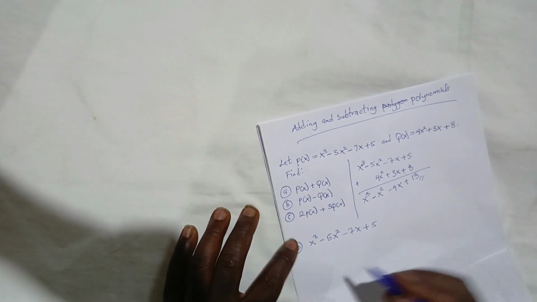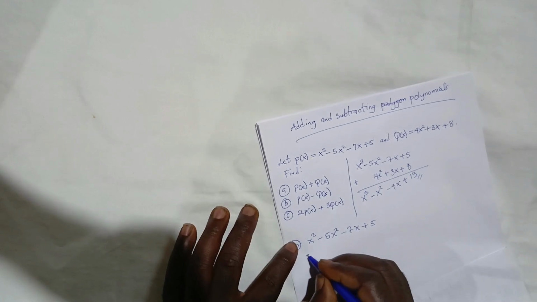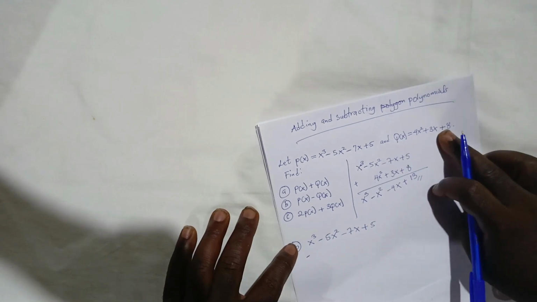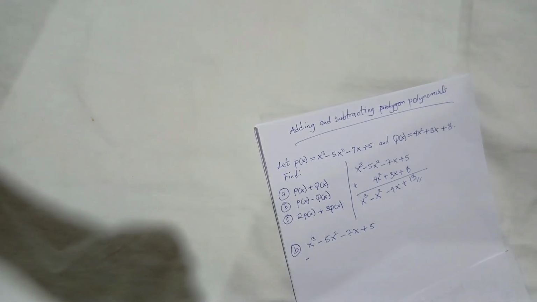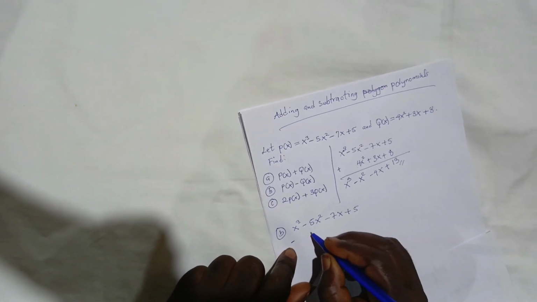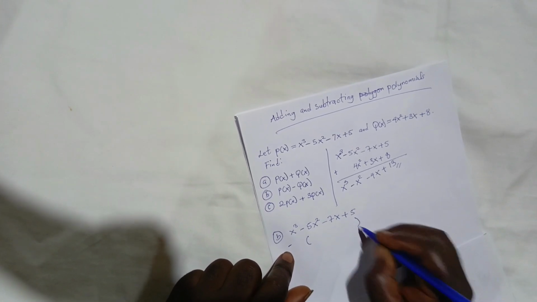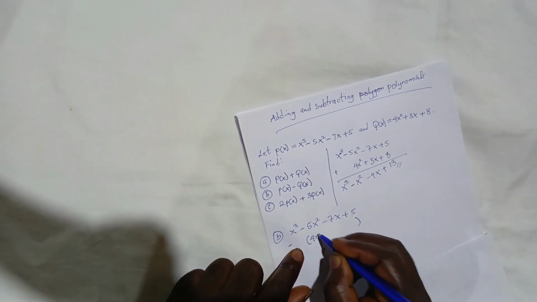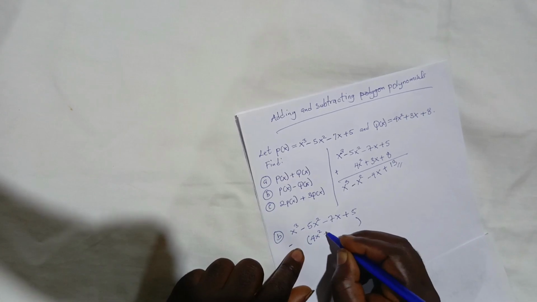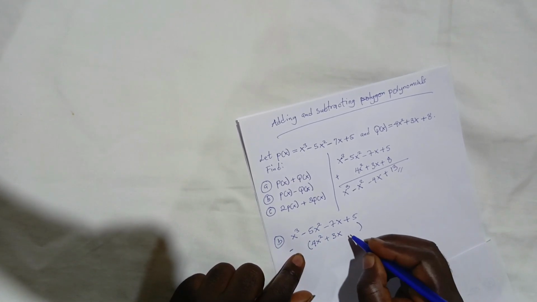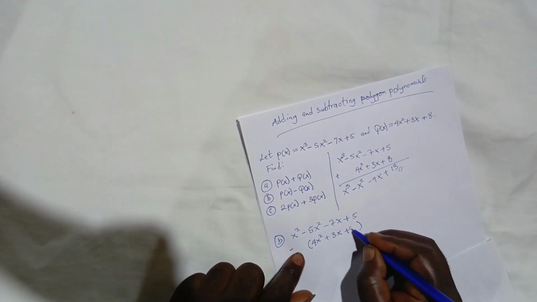Now we're going to put minus, because we know that the entire expression is going to be affected by the negative outside here. That means we have to have our parentheses placed here, and we'll put 4x squared plus 3x plus 8.